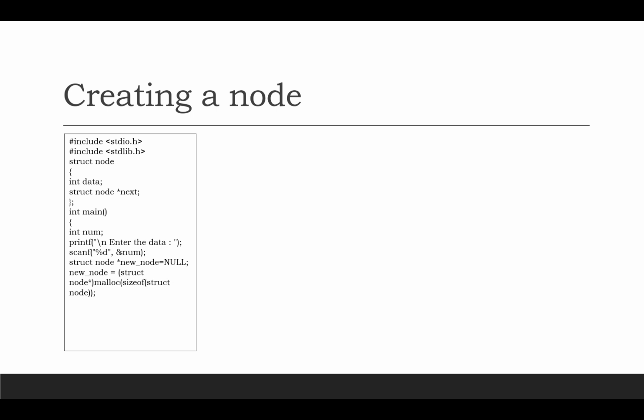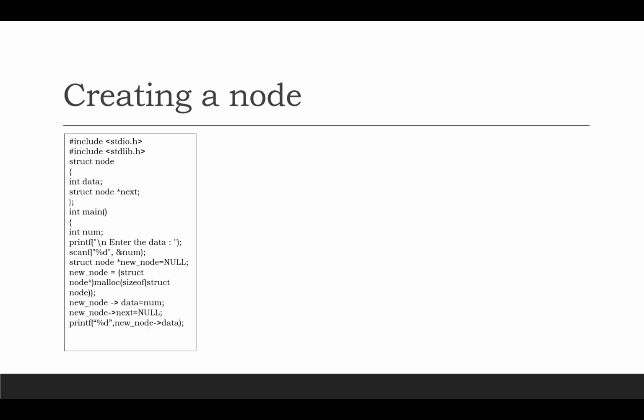Then we allocate the memory space for the new node by using the malloc function: newnode = (struct node *)malloc(sizeof(struct node)). Next we have to assign the value for that particular new node, using the statement newnode->data = num. Only one node is available, so what will be the link part here? It is null, so we assign newnode->next = NULL.